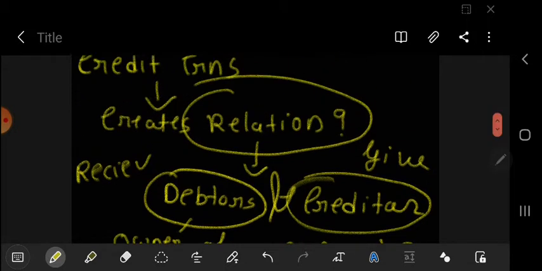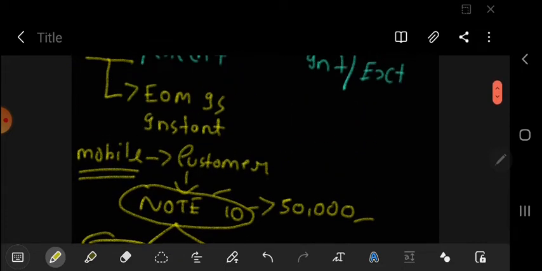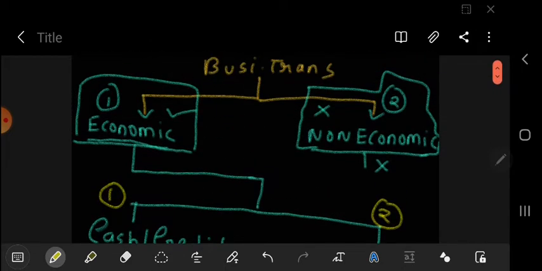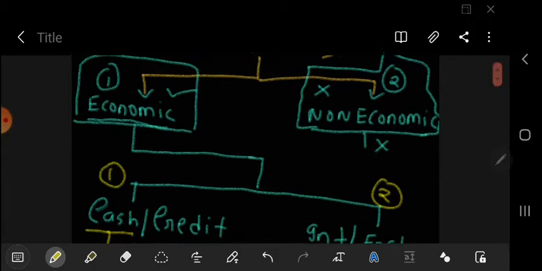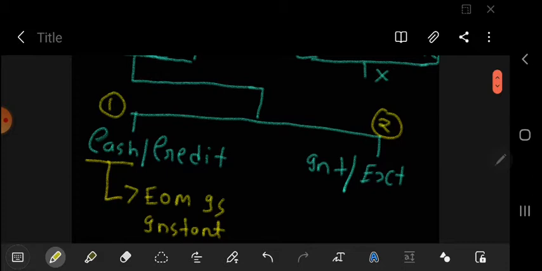Okay, so we started with business transactions. In that we have seen two kinds of transactions, namely economic transaction and non-economic transaction. In economic transaction, further we have classified into two types, that is cash transaction or credit transaction and internal or external transaction.